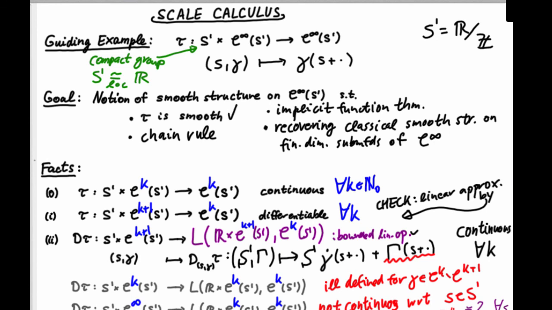Right. So this is now scale smooth. Chain rule, well, somebody has to work for that. Implicit function theorem, also somebody has to work for that. And next time I'm going to start with explaining why this notion exactly recovers the classical smooth structure.